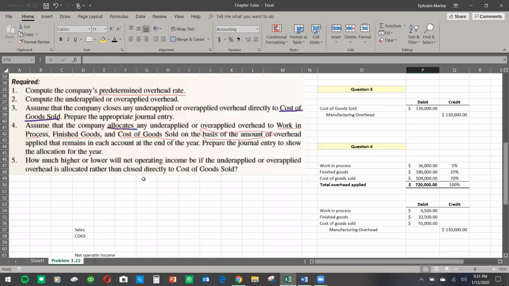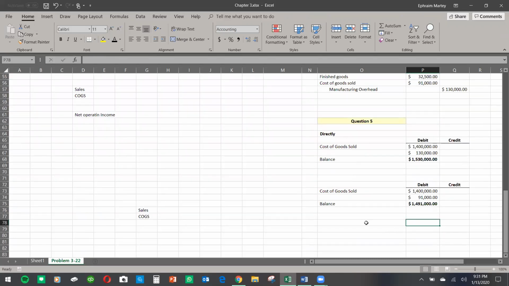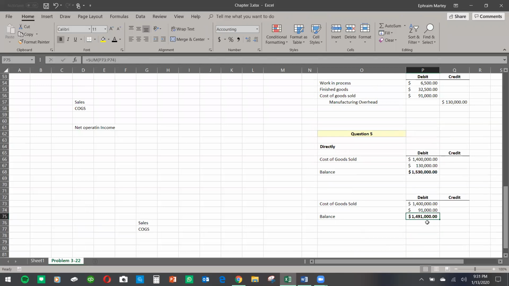Now let's see the difference. You have been asked how higher or lower it is if allocated rather than closed. If we allocated it, we know that cost of goods sold would have been lower than applying it directly. So we find the difference with cost of goods sold. We take this one minus the allocated one.